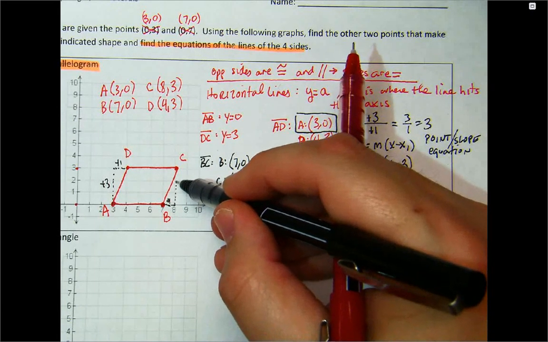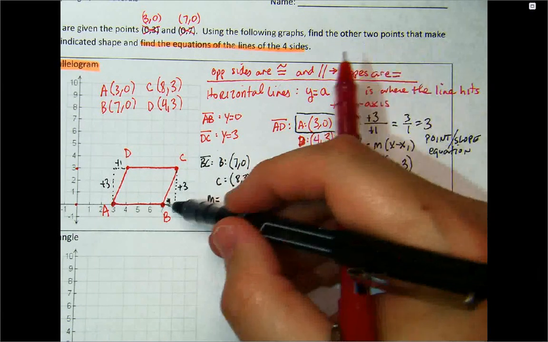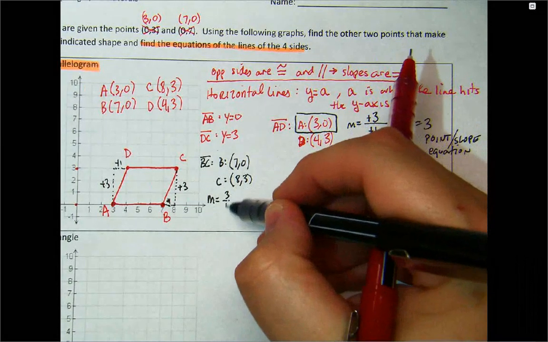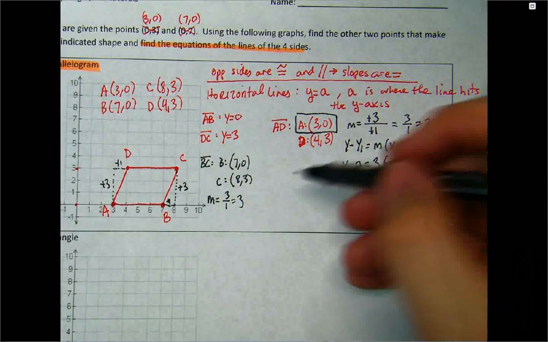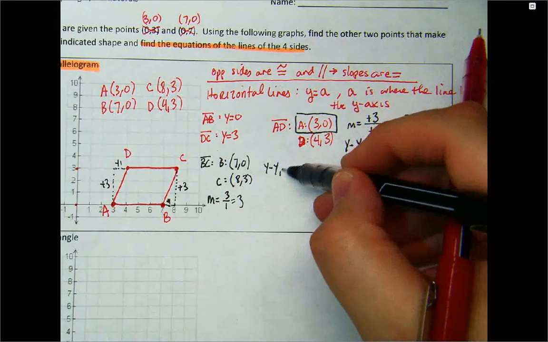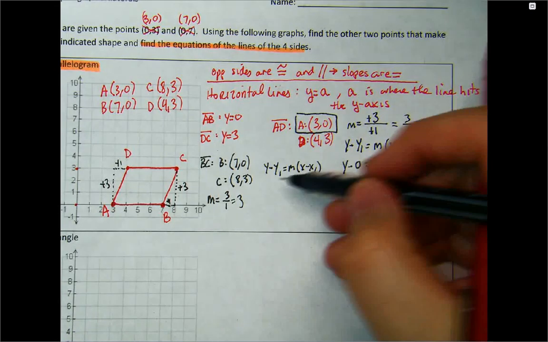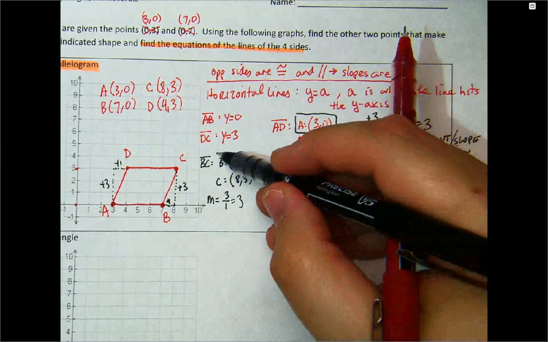Three and 1, 3 over 1, which is a 3. So now I'm going to use y minus y1 is equal to m times x minus x1 again. And I'm going to use this guy again because I have another 0.